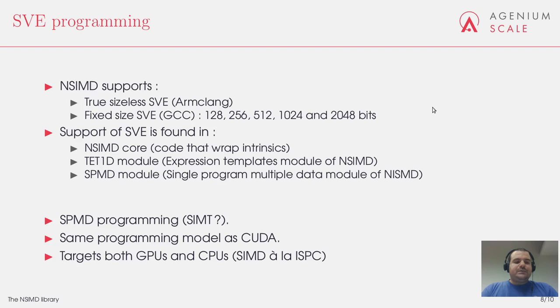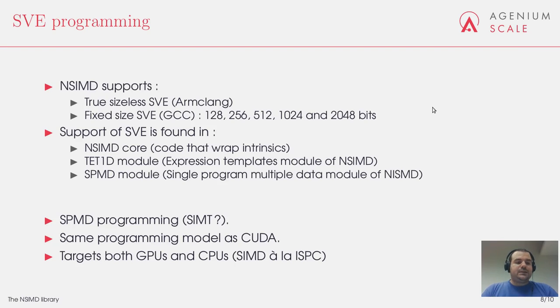So SPMD programming is basically like CUDA programming. NVIDIA calls it SIMT. I don't know which name is best, but on the internet it seems that SPMD is more used than SIMT. Anyway, that's the same programming model as CUDA.